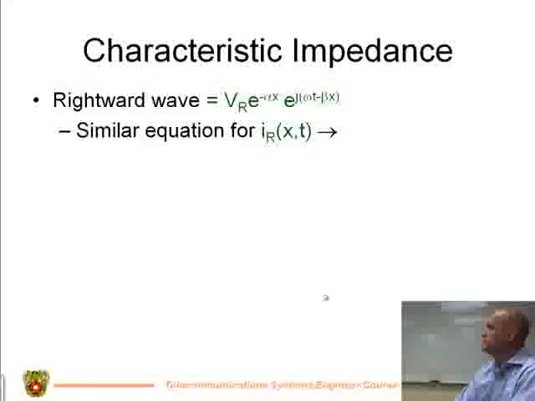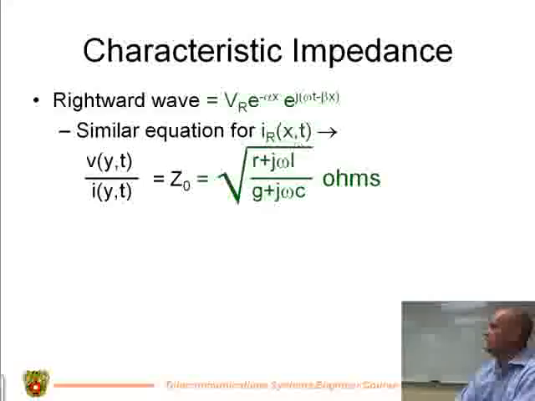Okay. So now here's the important part of all of this. The rightward wave is VR e to the minus alpha x e to the j omega t minus beta x, and we've got a similar one for the current.